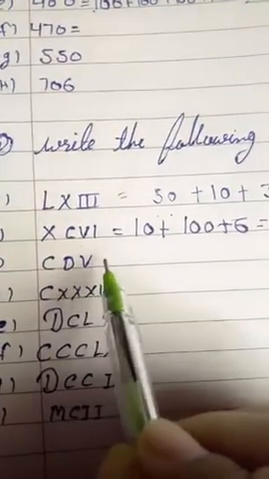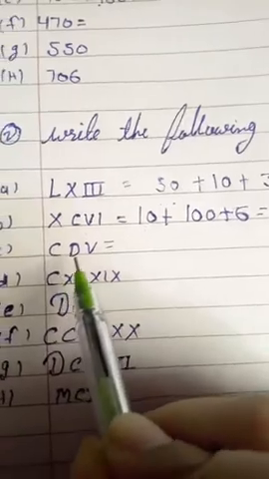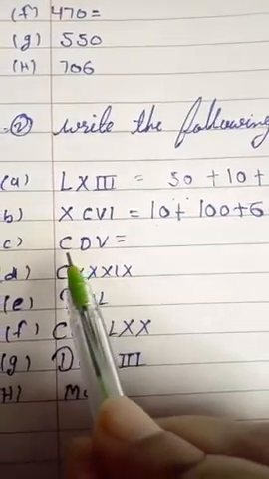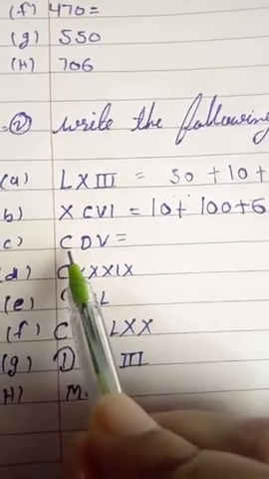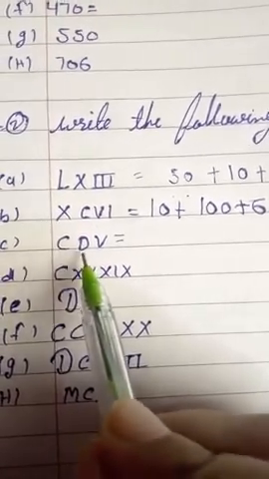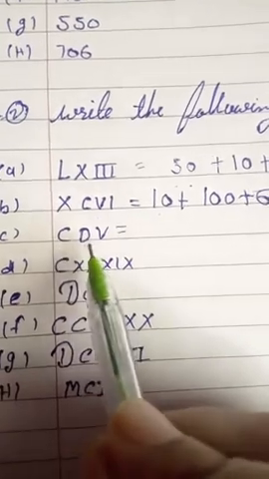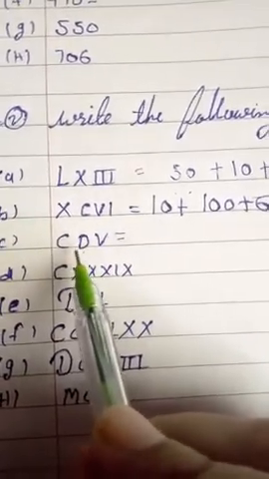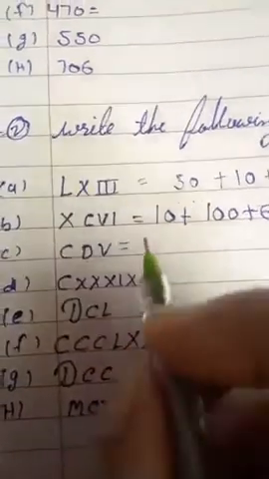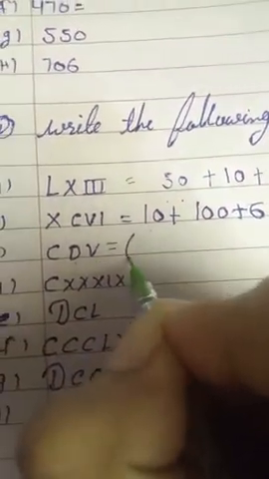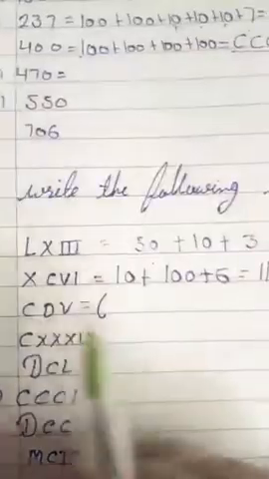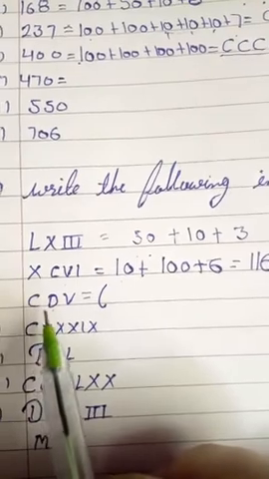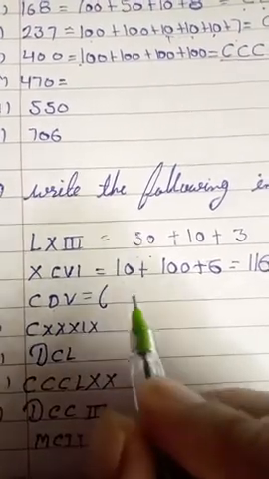C, D and 5. According to the rule, when a larger Roman number is placed after the smaller Roman number, then we subtract. Always subtract the smaller number from the larger number.